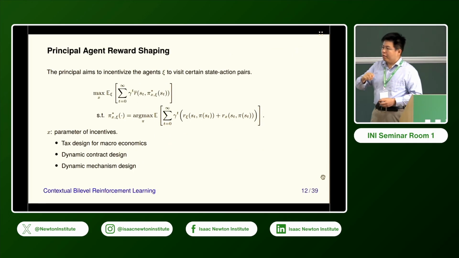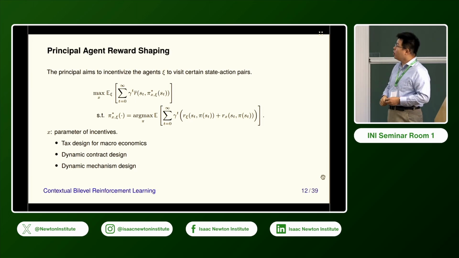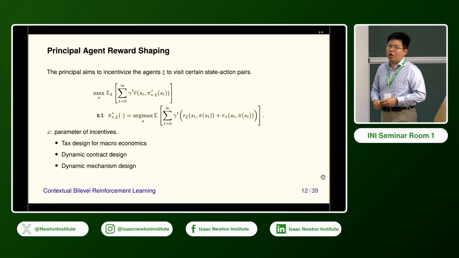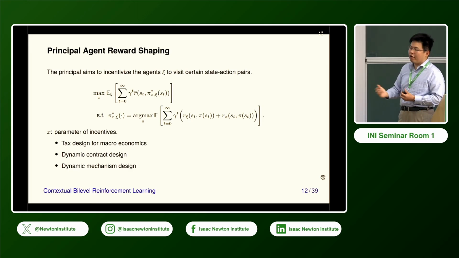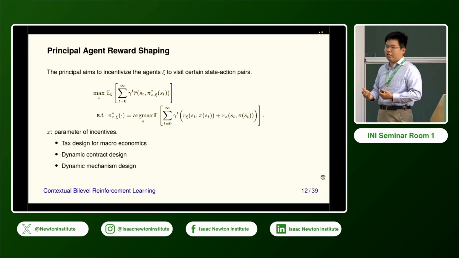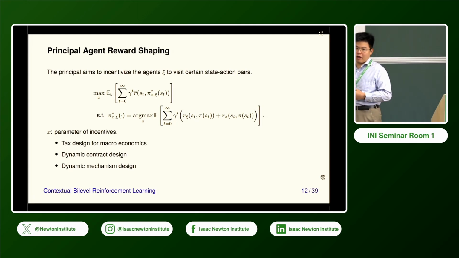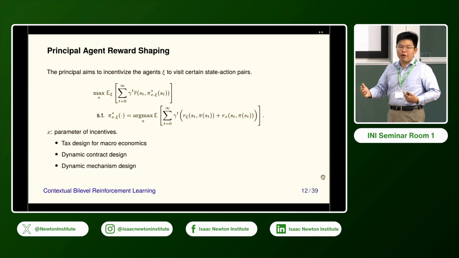And then moving away from machine learning, it is also quite relevant to econ-type topics like principal agent problems. Let's say you have a principal that wants to incentivize agents toward certain state actions, right? In this type of scenario, your principal could design a reward for everybody.